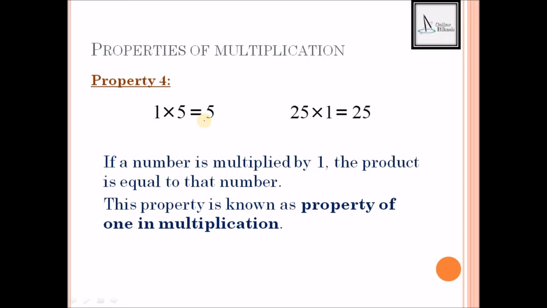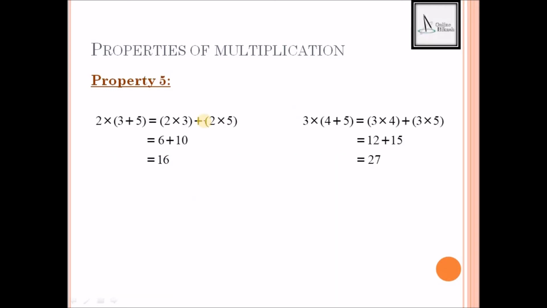So let us see the next property, property 5. In this property, it is a very interesting property. In this case, you see 2 into 3 plus 5. 2 is multiplied with 3 plus 5. So this equals 2 into 3, that means 2 multiplied by 3, plus, and this plus sign is from there.